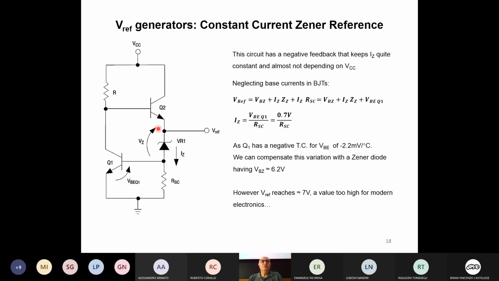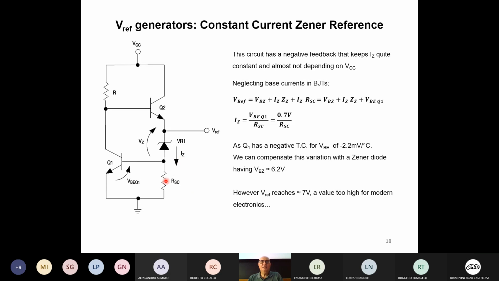Okay, if the circuit works, I can say that for sure the VBE of transistor Q1 must be 0.7 volts. 0.7 volts, okay? There is no base current, it's very small. So this 0.7 volts must come from the RSC resistance.